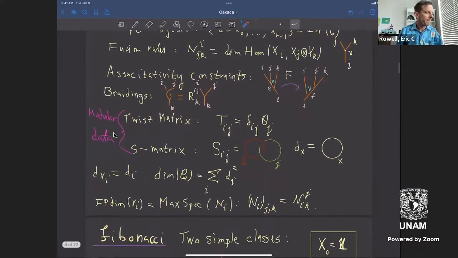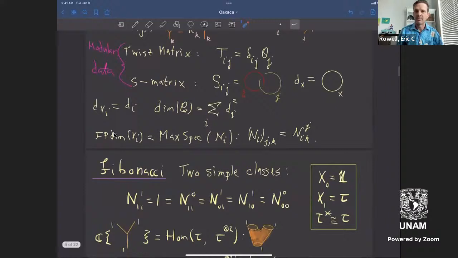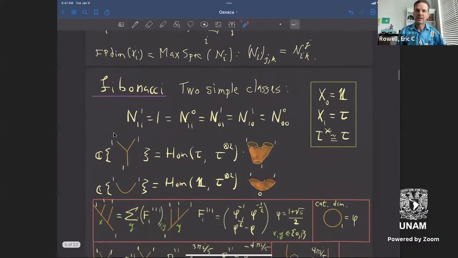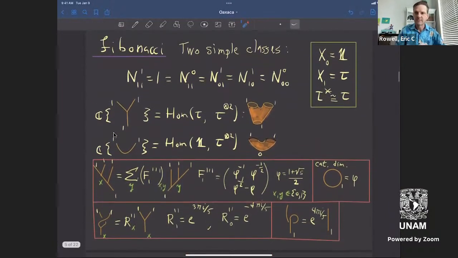Okay. So let me give a non-trivial example and just kind of work through this. I don't have any agenda here, so I don't care if I finish this talk at all. So this is called the Fibonacci category. It has exactly two isomorphism classes of simple objects: the monoidal unit, always have that one, and one other one, which we call tau.